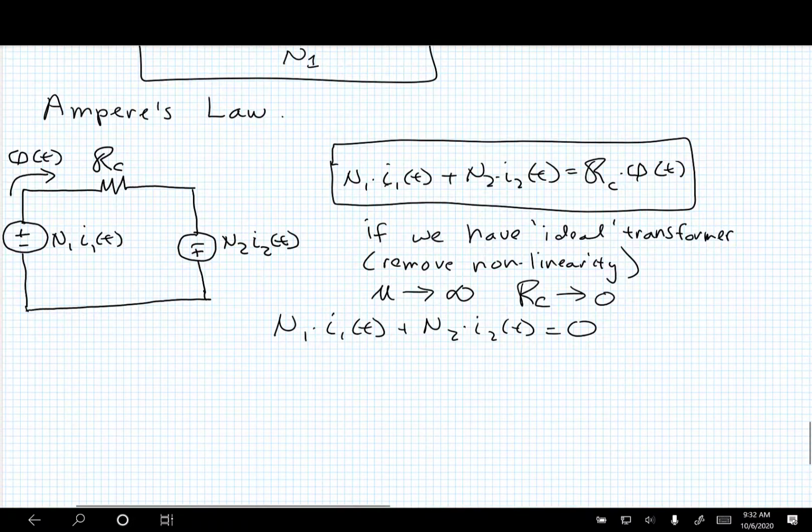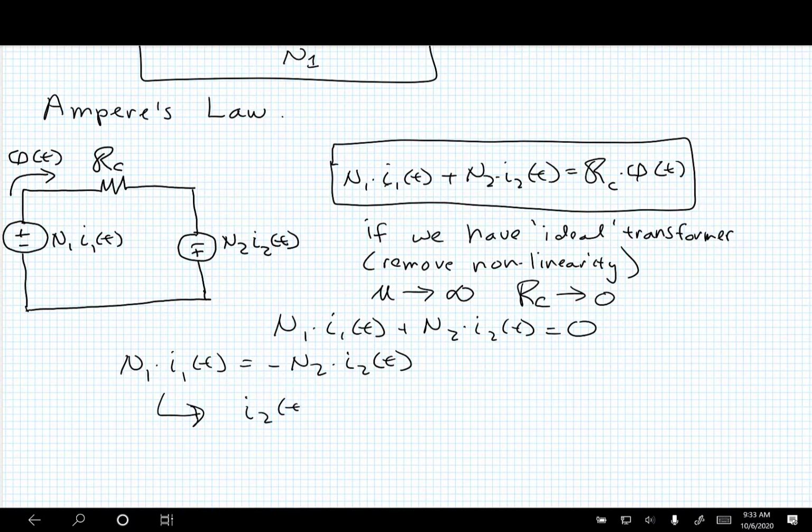Now I'm going to rearrange this expression and come up with a relationship between the currents on both sides of the winding. So N1 I1 of t is negative N2 I2 of t. Let's say what is I2 of t in terms of the current on the primary side.